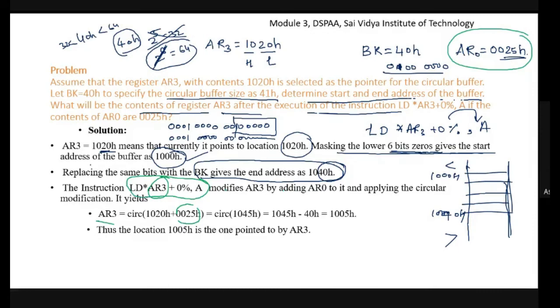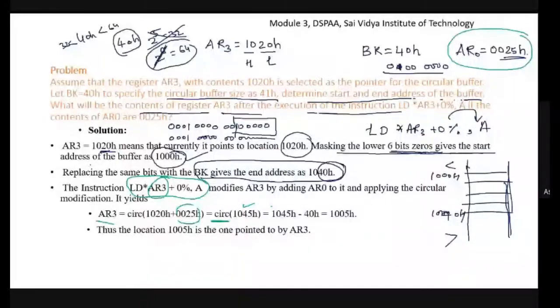Perform the addition and we are going to get 1045 hexadecimal. Still the word circular is there. I just wanted to calculate the updated index, that is the new index. New index is equal to 1045 hexadecimal minus 40H, that is 1005 hexadecimal. So see here, we have obtained the updated index.